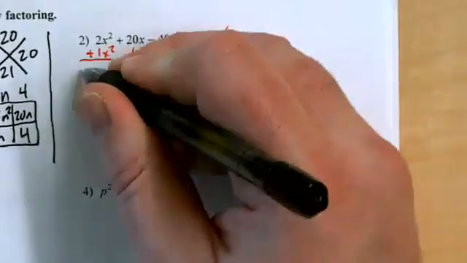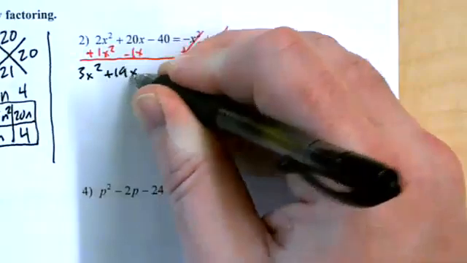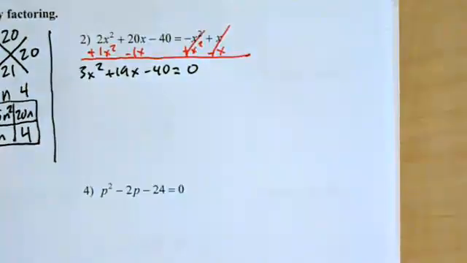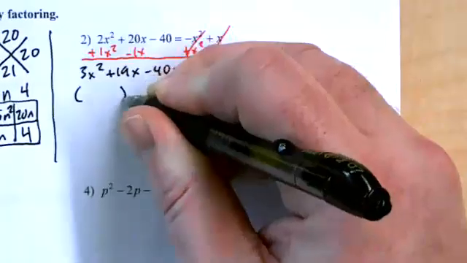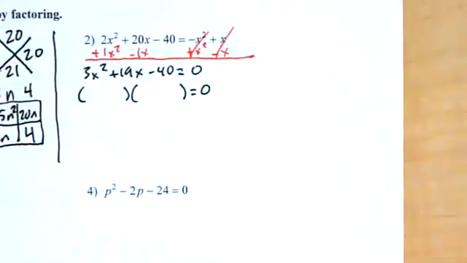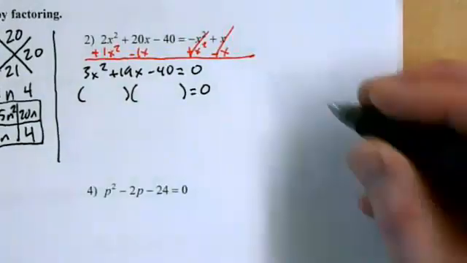So what do we got? 3x squared plus 19x minus 40. And we know that's going to factor. Well, we're hoping it factors. All of these will, by the way. But we're going to have to do the work to do it.